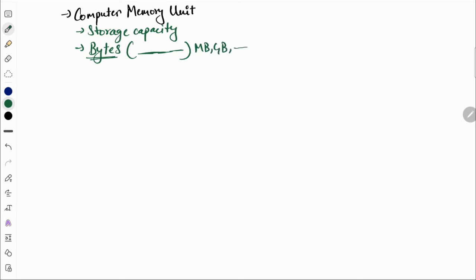The storage capacity is expressed in terms of bytes. Bytes are the terms used, like megabyte, gigabyte, and so on. Let's talk about the memory unit. What types of memory unit are there? What is the smallest unit available?